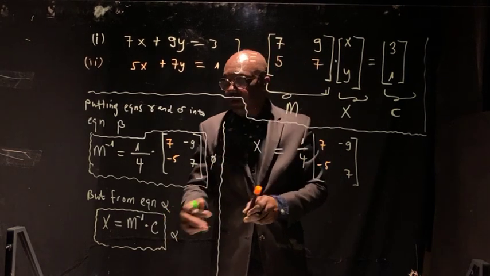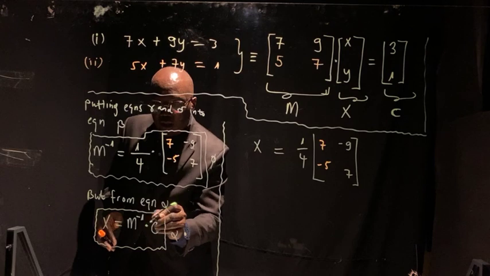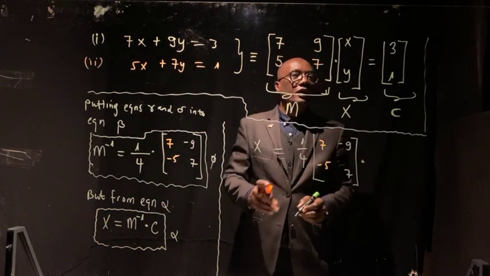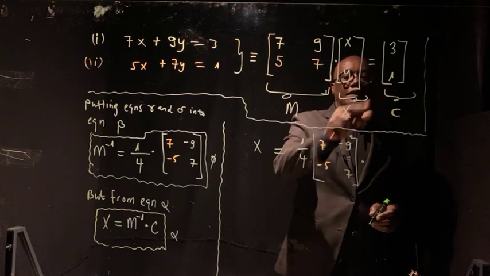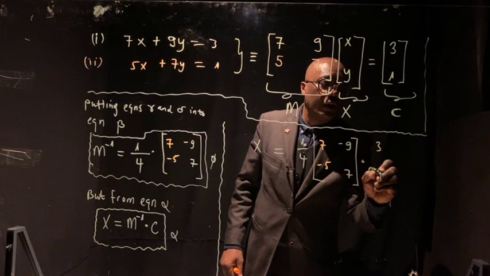Then multiply to C. This is the multiplication sign, the product sign, multiplied to C. But what is C? We can see from this side, C is 3, 1.